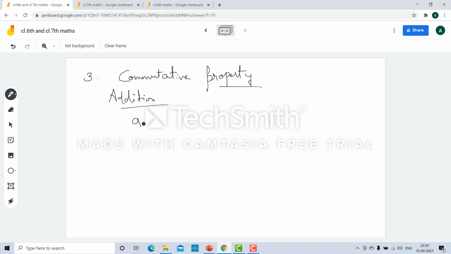When two integers a plus b are added, that is equal to b plus a. That means if we do 4 plus 5 or we do 5 plus 4, both will give us the same result, isn't it? So, we say that integers follow the commutative property. Addition is commutative for integers.